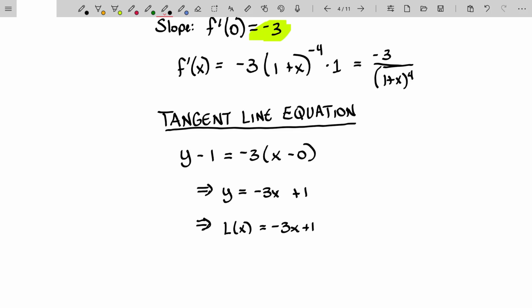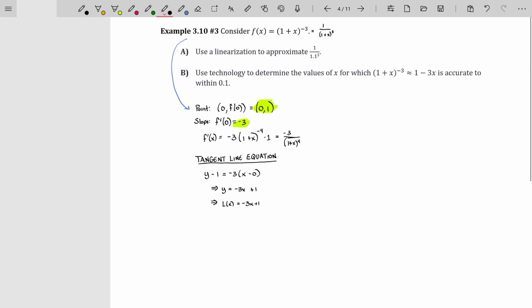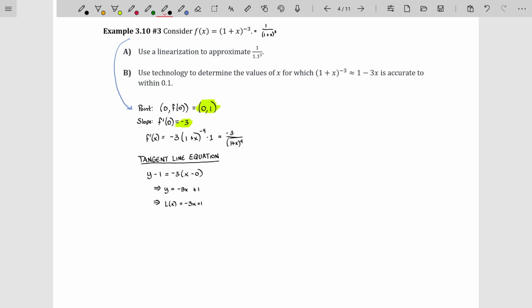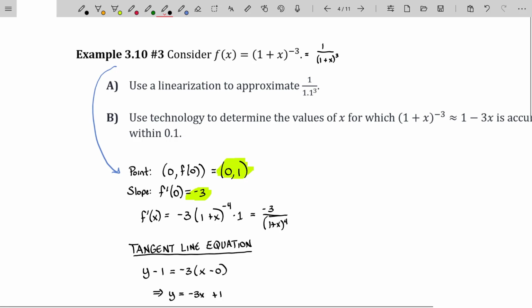And now we'll go ahead and use that tangent line to approximate the value of our function near 0. That's where we built our point. So we can only use this tangent line to approximate near 0.